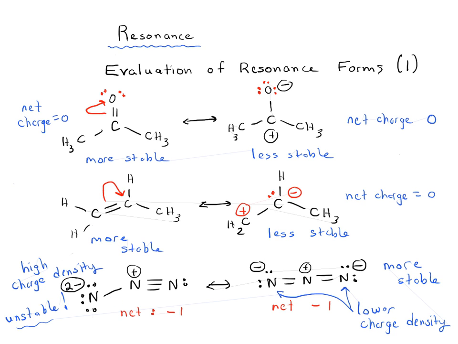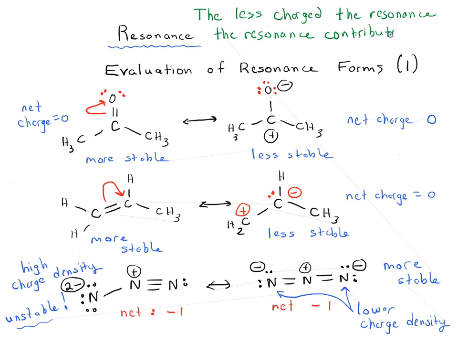Okay, so really the bottom line from this video is just that what's going to stabilize your resonance contributors is the less charge the resonance contributor has, the more stable it will be.